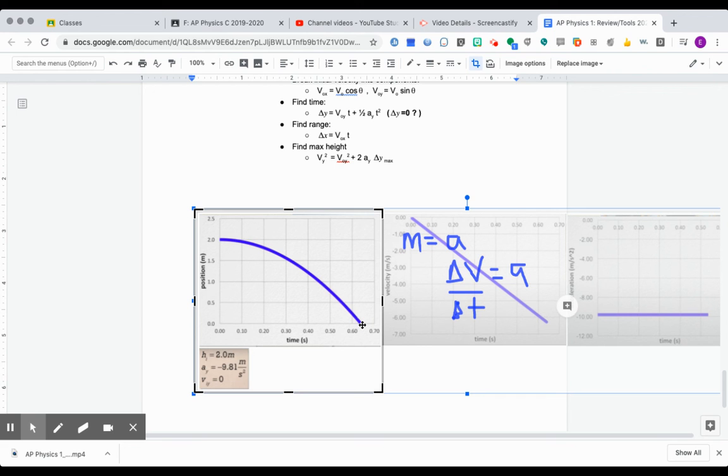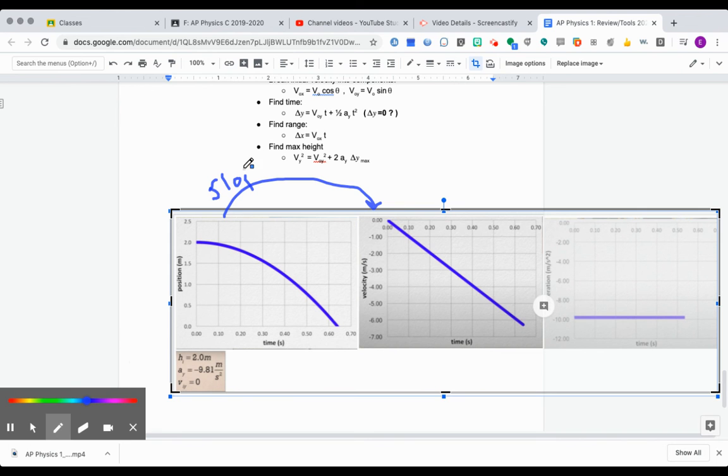So basically, our slope is increasing in the negative direction. So we have a concave down parabolic curve that starts at a position of 2 and ends at a position of 0. Okay, so those are what our graphs are going to look like for projectile motion.